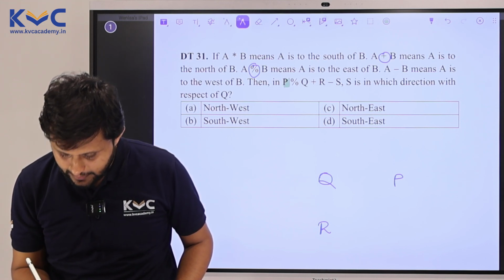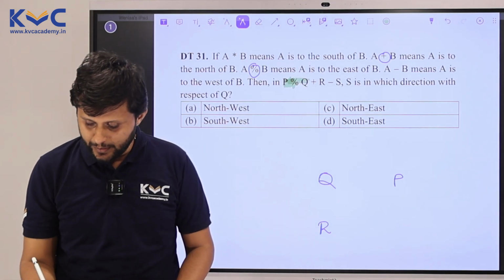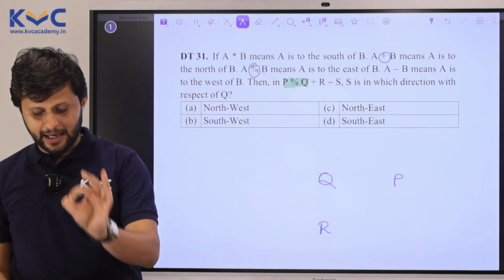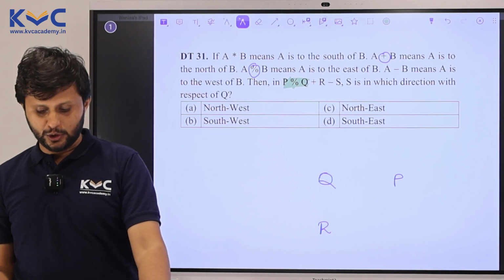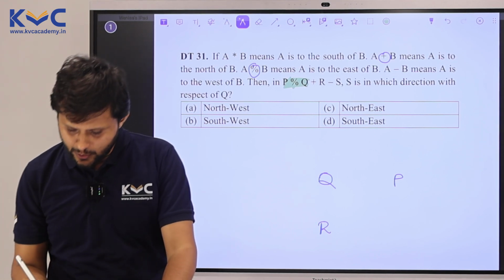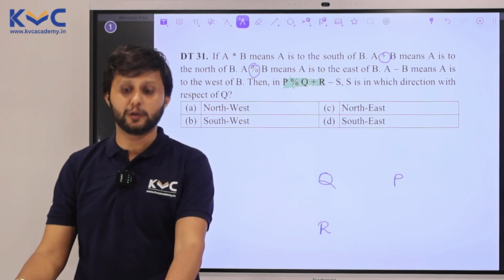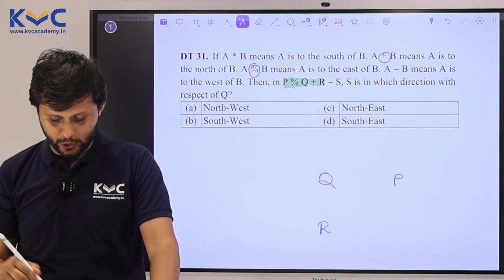P percentage Q is done. What does percentage mean? Percentage means A is to the east of B. That means P is to the east of Q. Done. Next we add plus R. What does plus mean? A is to the north of B. So here it should be Q is to the north of R.